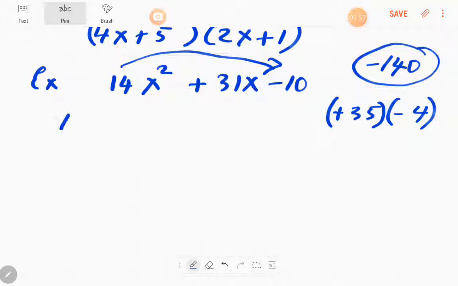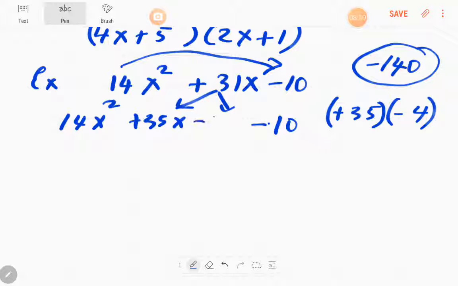So keep the other terms, 14x squared, the minus 10. And then we're going to break that 31 up into plus 35x minus 4x. So performing factoring by grouping, we could factor out 7x. So we'll have 2x plus 5.